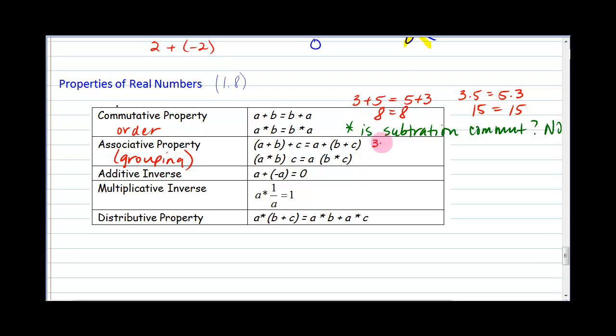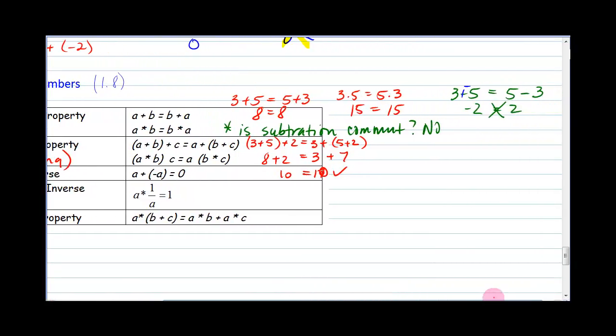If I said (3 plus 5) plus 2 is equal to 3 plus (5 plus 2), does that work? Well, 3 plus 5 is 8, plus 2. And on this side I have 3 plus 7, since 5 plus 2 is 7. Well, 8 plus 2 is 10, and yes, 3 plus 7 is 10. So yes, that works.